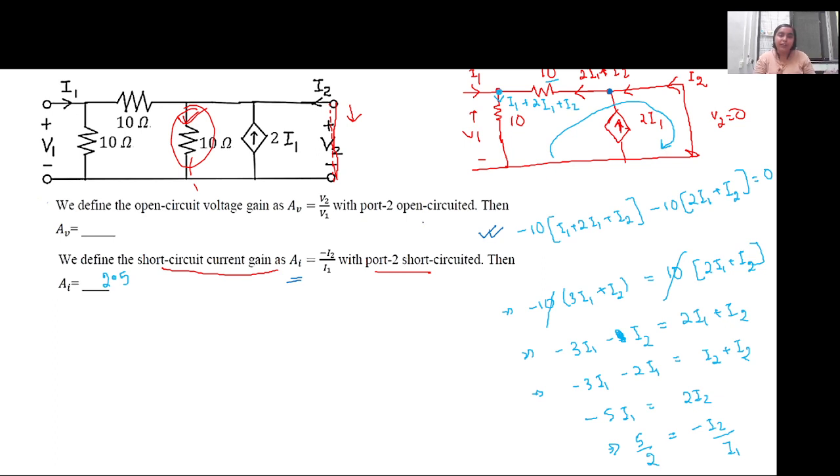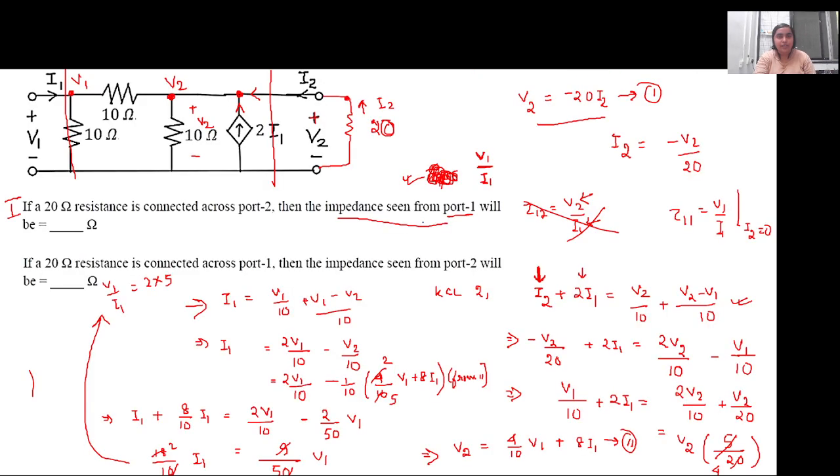Now this is only related to the two-port network up to now. Now when a load resistance is connected, once on the output side and once on the input side separately, these are two separate problems. The first time, at the output, this 20 ohm resistance is connected, so this two-port network is now connected to RL.